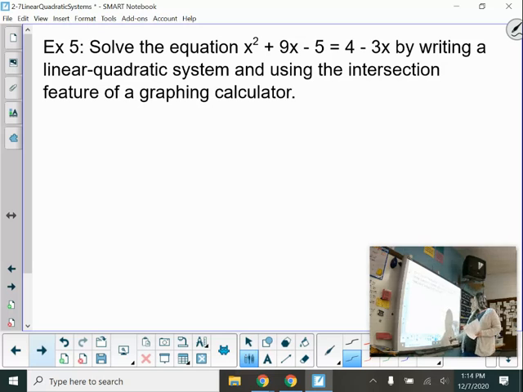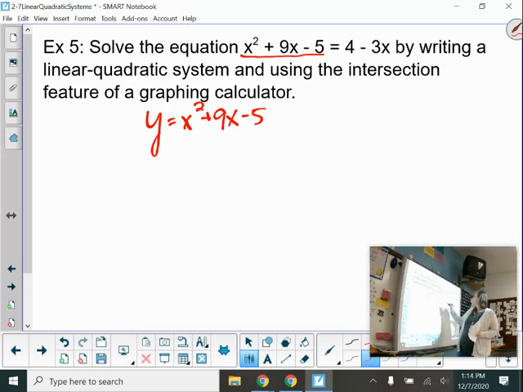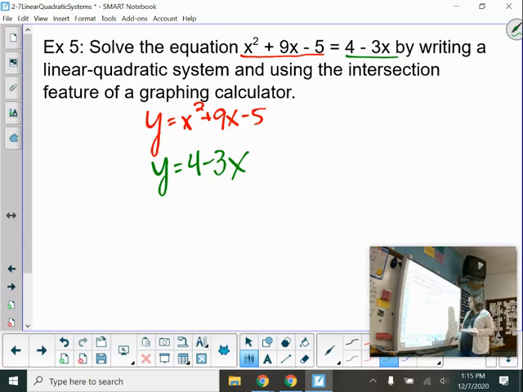So you would want to make the one side x squared plus 9x minus 5, and then the other side, you're going to be looking at your 4 minus 3x, and then you would graph those and see where they cross. And this would be a perfect problem to use with Desmos, where you could just type in the equations and it would give you back your answers.